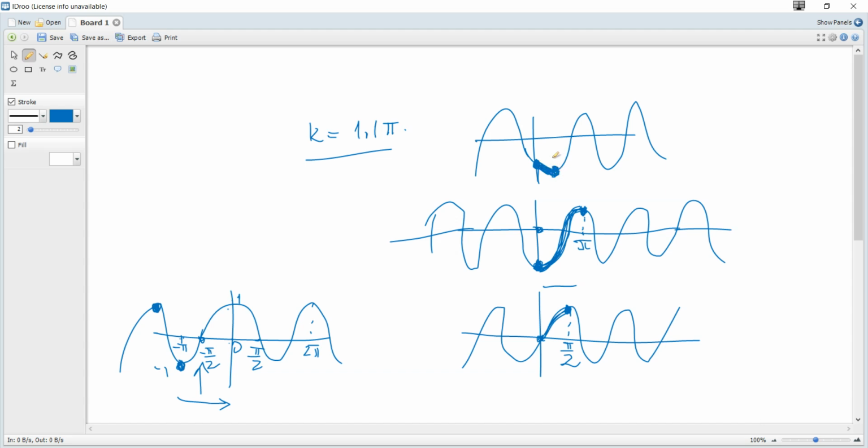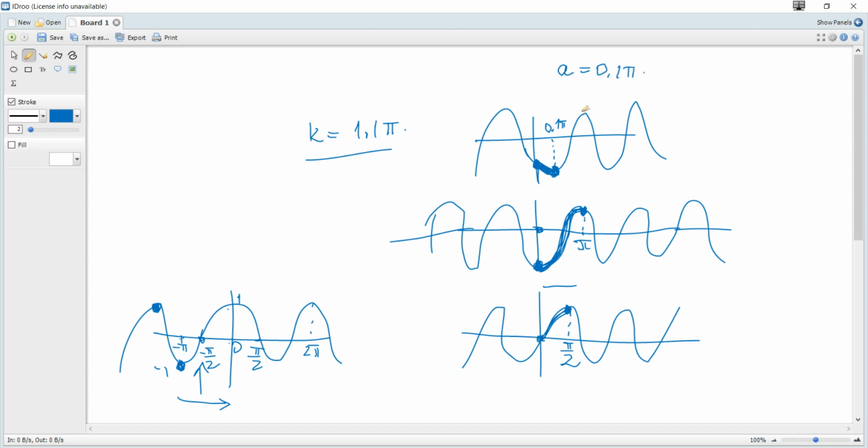of a graph. But what is the x coordinate of this turning point? You can see that it is translated pi to the right, and additionally 0.1 pi, so this coordinate is 0.1 pi, and hence a is 0.1 pi.